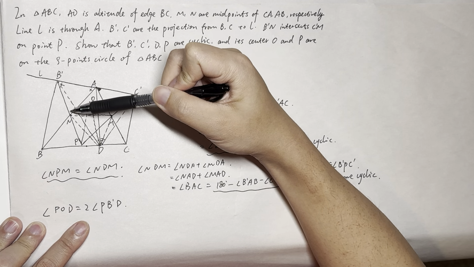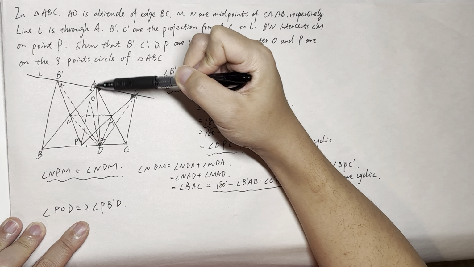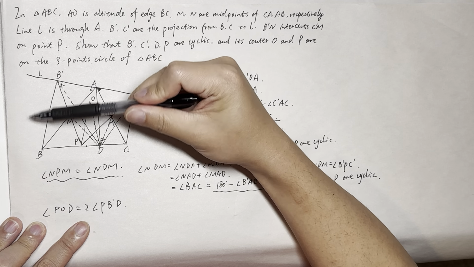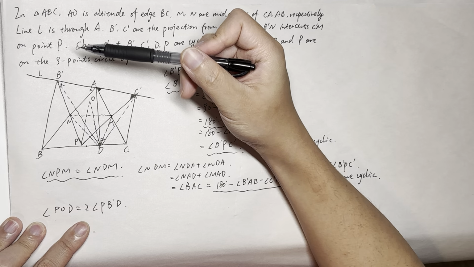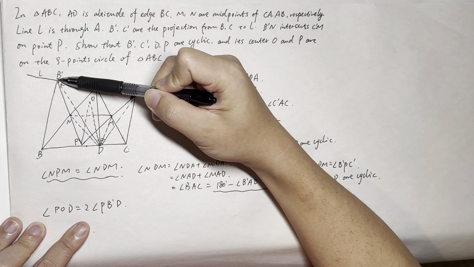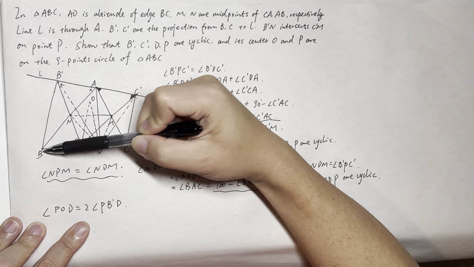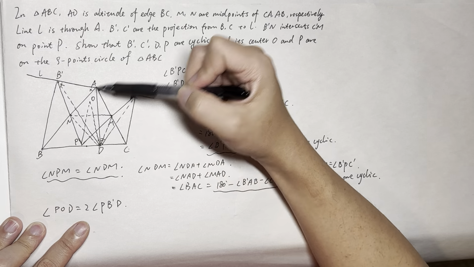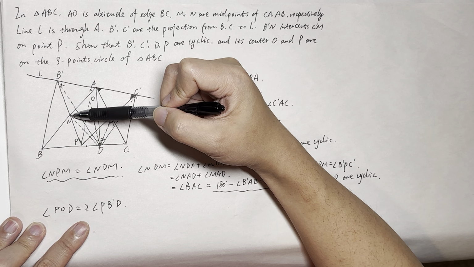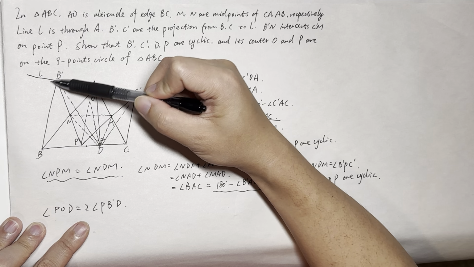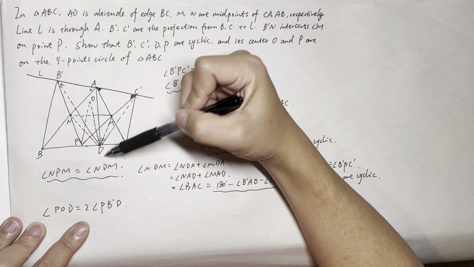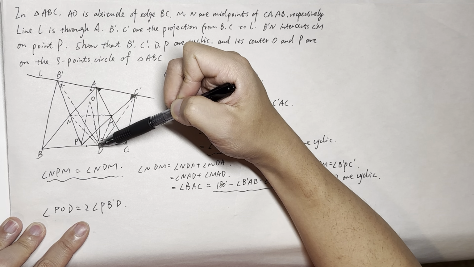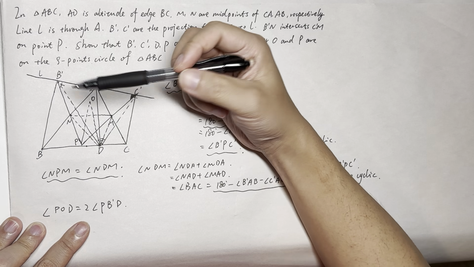And see here, because B prime ADB is a cyclic quadrilateral, and angle AB prime B is 90 degrees, angle BDA is 90 degrees, that means AB is a diameter, so the midpoint N of AB is the center of this circle, which means NB prime equals ND, right?